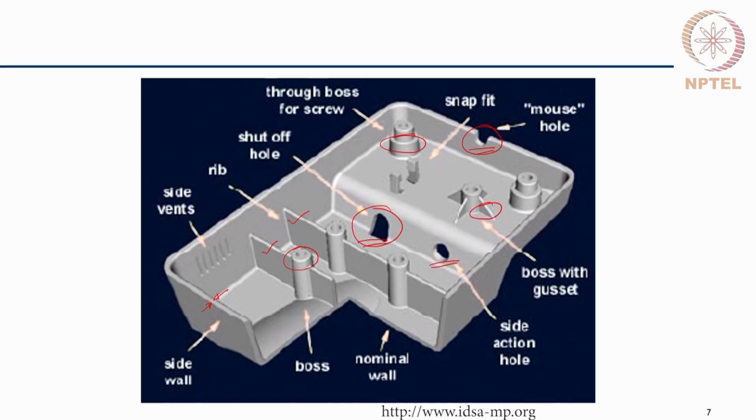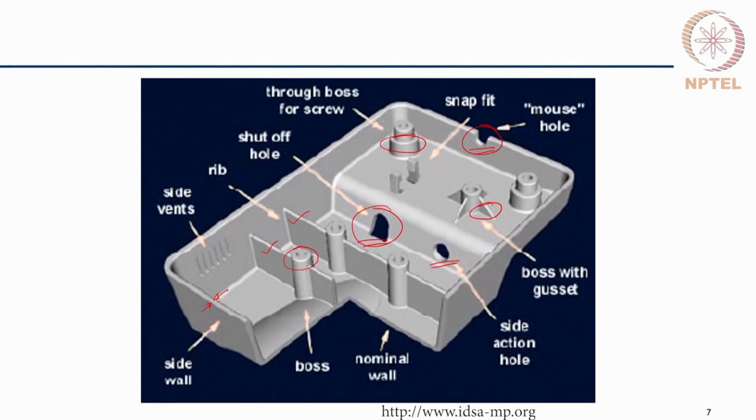So, there should be some special structures in the mold, like what we call a side action pin, so that these features can be created in the mold, and the part will have these features. Once we see the whole process, we will be able to appreciate the need for these side action pins.